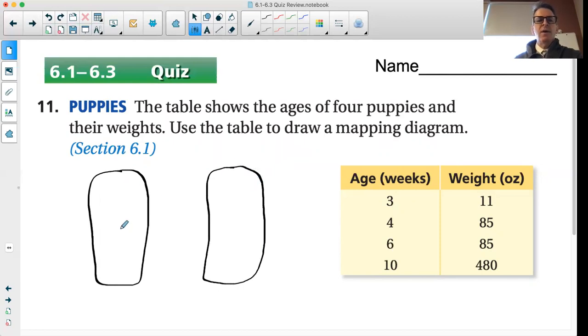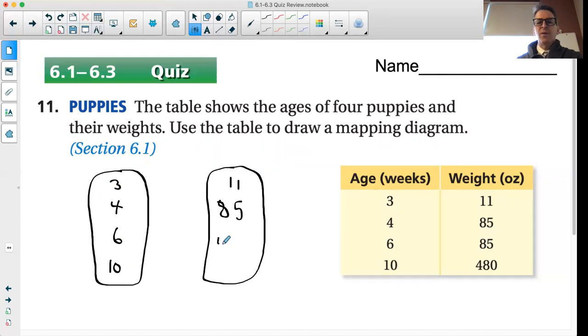And in the hockey rink 1, we're going to put all of the ages, 3, 4, 6, 10, and then hockey rink 2, we're going to put the weight, 11, 85. Now 85 is noted twice here. So we're going to just put 85 once. Don't put two 85s.